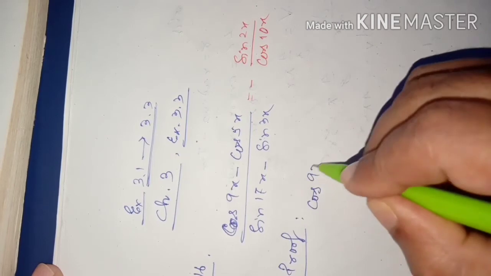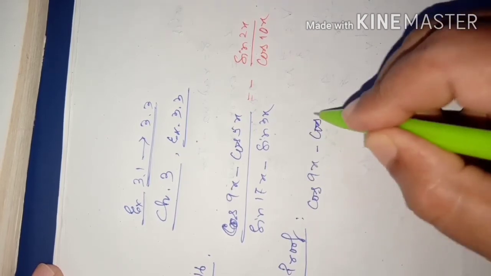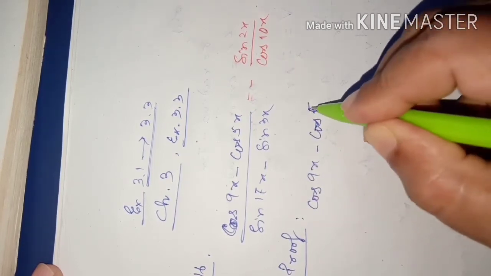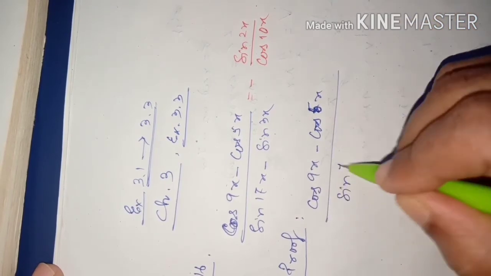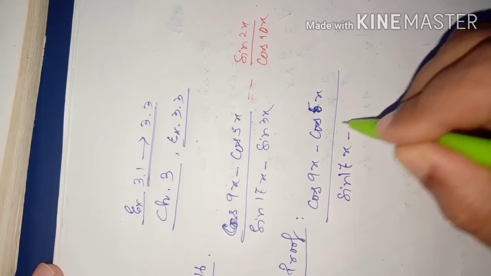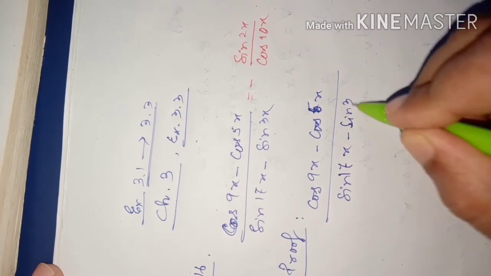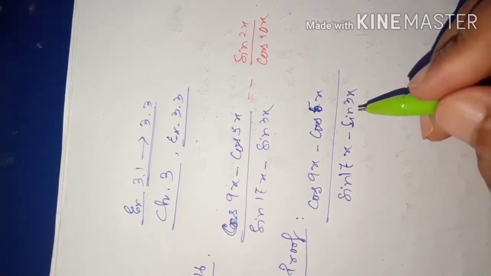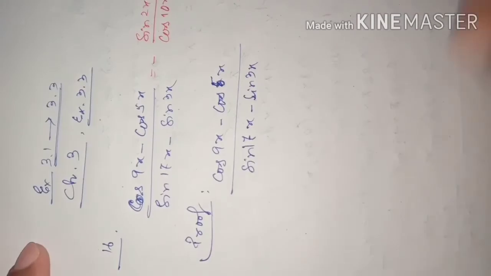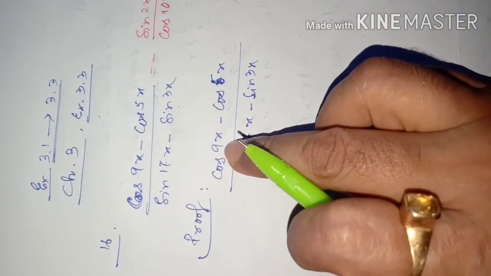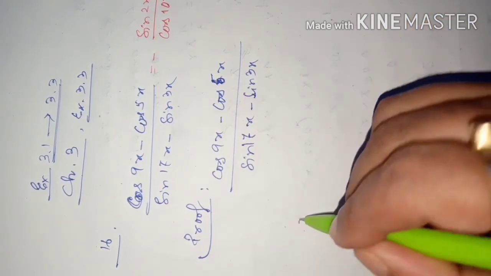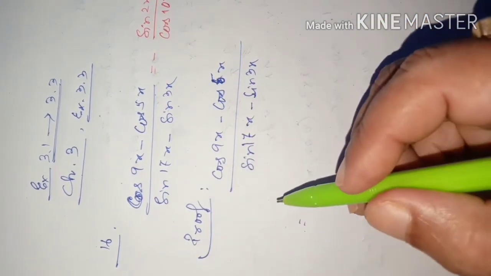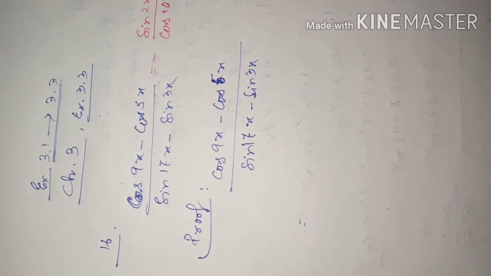Cos 9x minus cos 5x divided by sin 17x minus sin 3x. Here this is cos a minus cos b, so that formula you can use. What was the expression for cos a minus cos b?